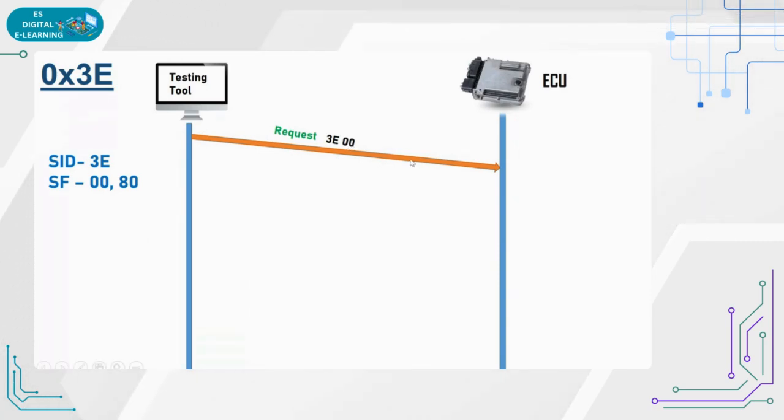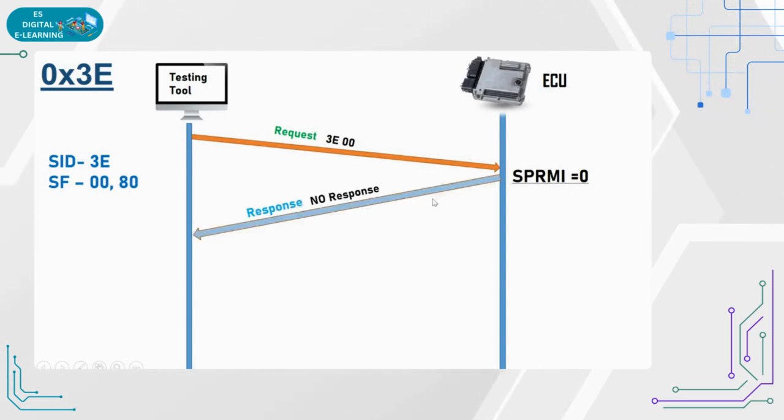With 80, we will get the positive response. So here with SPRMI 1, sorry, with 00 we will get no response. The data got suppressed, whatever the data we are sending, it got fully suppressed. We are not getting any response. Is it clear? Yes, sir.